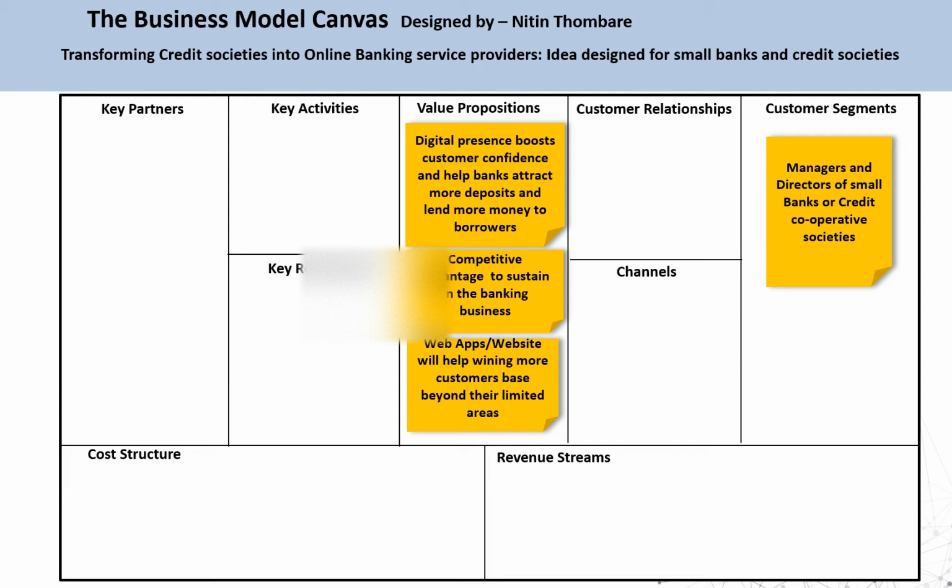Let's move to channels. What channels would I be choosing in order to reach these potential customers? So channels are critical elements of the business model. They are how a company communicates with and reaches its customer segment. Channels are typically direct or indirect and have five phases.